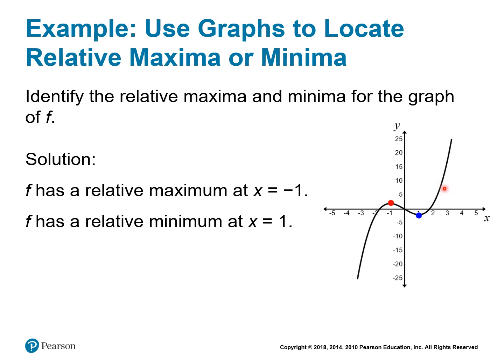Although you see that there are other points on the graph where the y values are much larger than the value here, we are just talking about an open interval, a particular interval within this graph which extends from -2 to +2. So within that interval, this is the highest point. This is the peak.